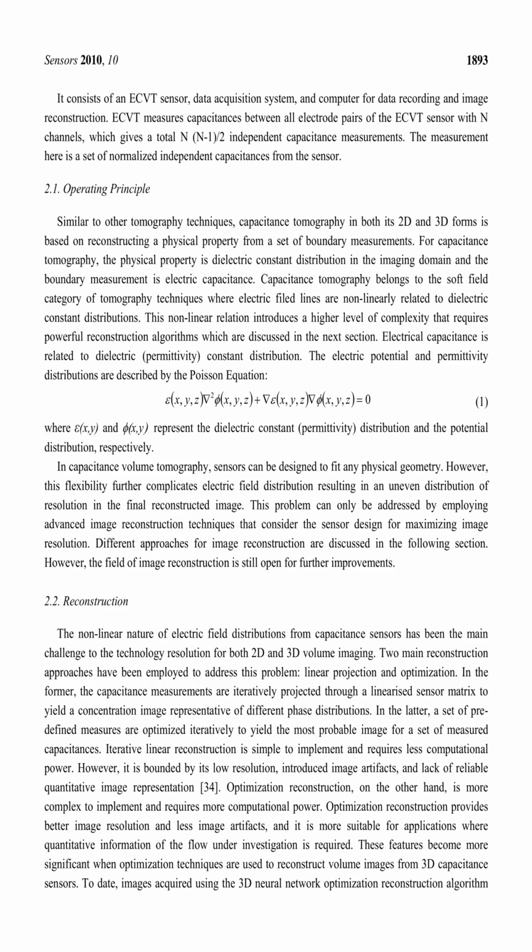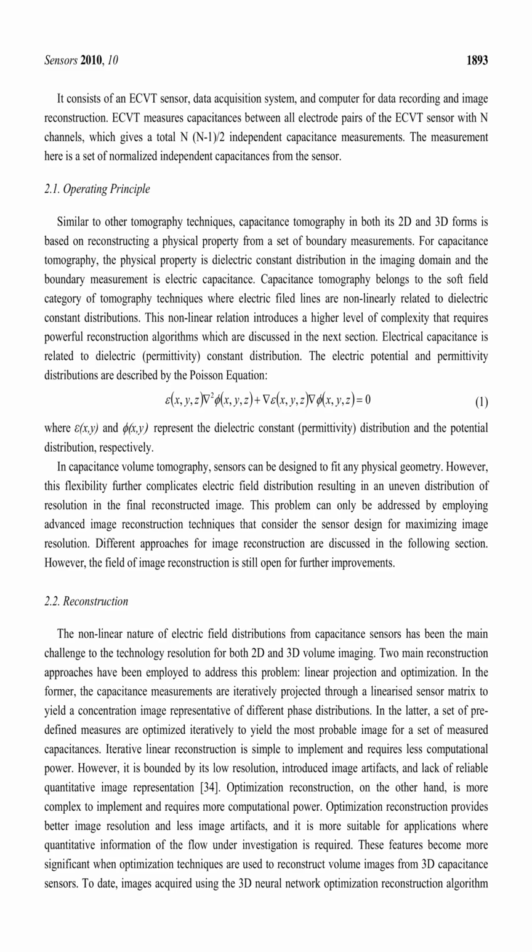Iterative linear reconstruction is simple to implement and requires less computational power. However, it is bounded by its low resolution, introduced image artifacts, and lack of reliable quantitative image representation. The converse, optimization reconstruction, is more complex to implement and requires more computational power.